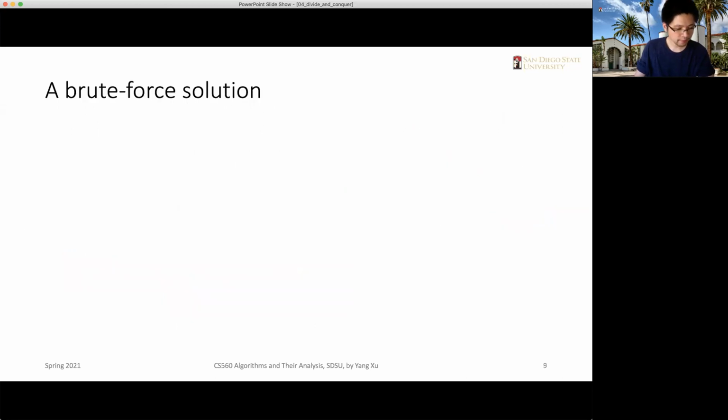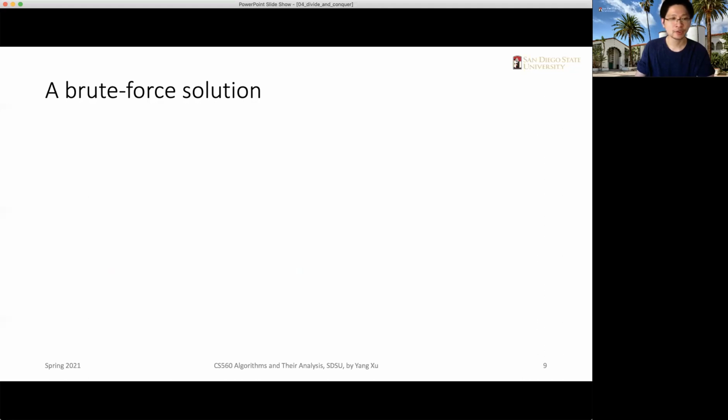Okay, so if that doesn't work, then I see a suggestion: why can't we look at all the pairs of lowest and highest and pick the one with the greatest difference? Thanks for the comments.